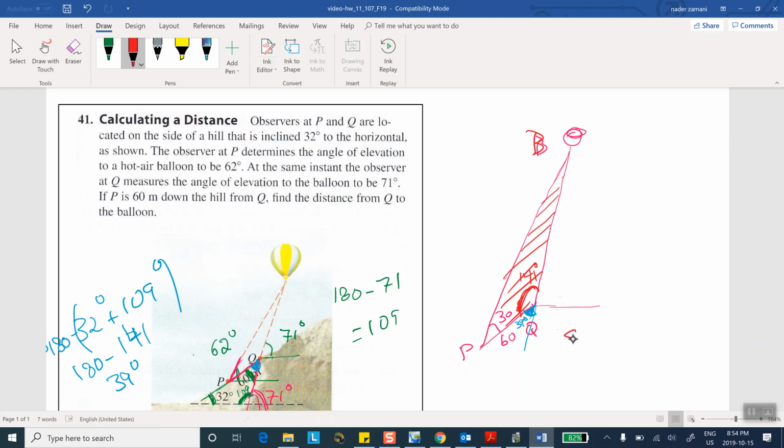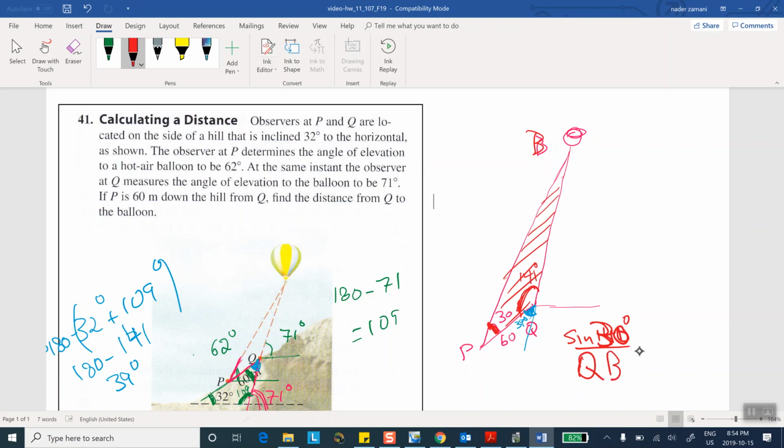We have sine of 30 over the distance we want, which is BQ, the distance from the point Q to the balloon.